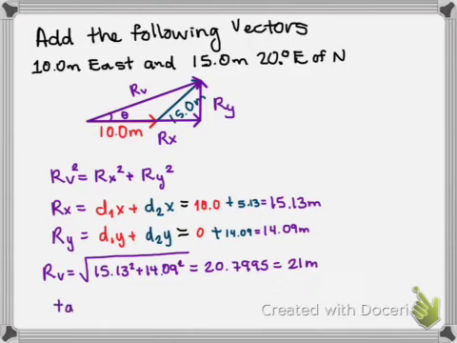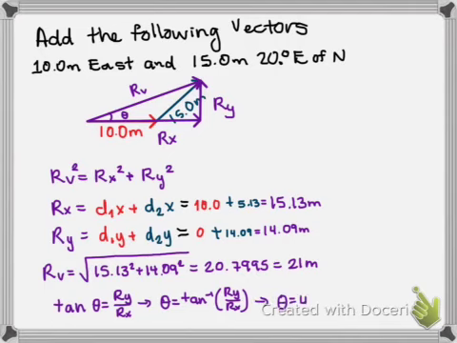So the tangent of theta equals Ry over Rx. So to find theta, that equals the arctangent or the inverse tangent of Ry over Rx. So we'll just put our numbers in our calculator, and theta is going to be equal to 42.96 degrees, and with sig figs that's 43.